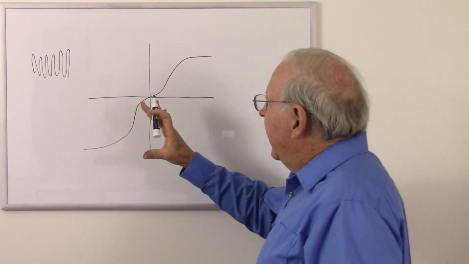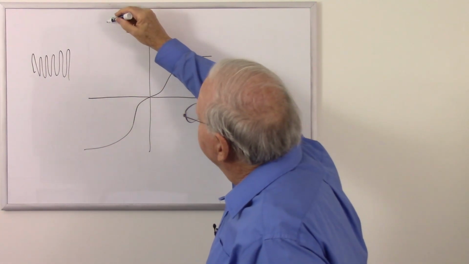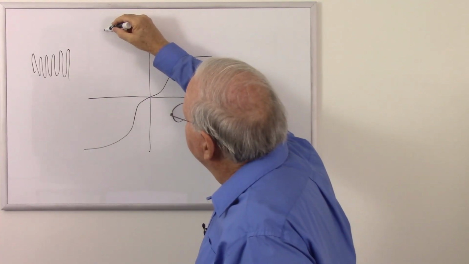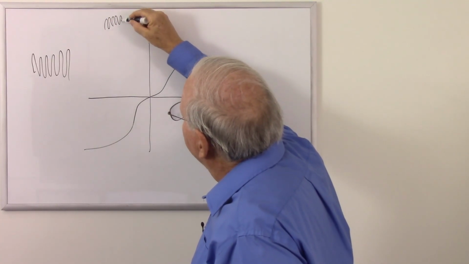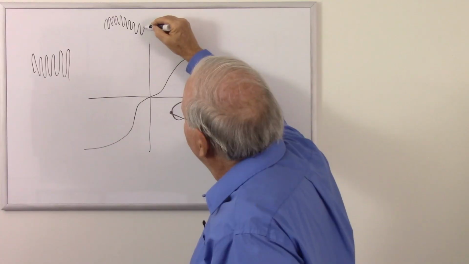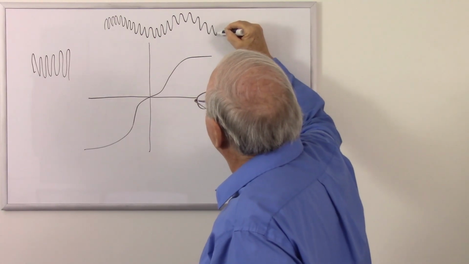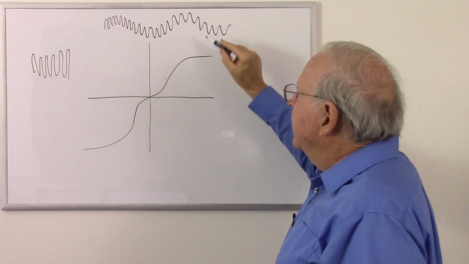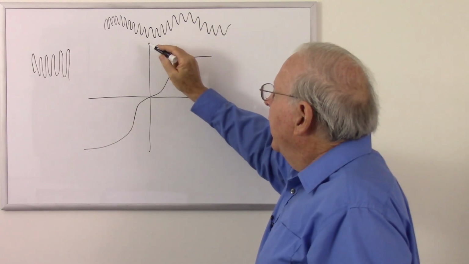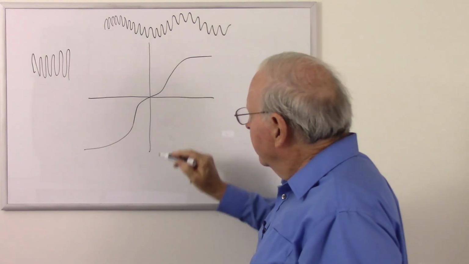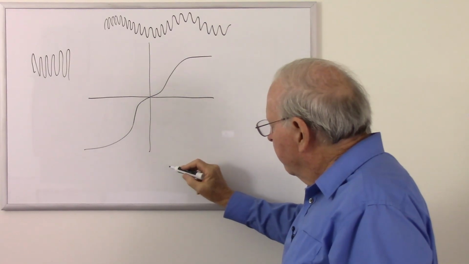What we had was an additive mixing of the two signals. Let's see if I can draw it up here. Here's our high frequency sine wave mixed with our audio. So we ended up with a curve that was going up and down like this. If they adjusted it just right, let's try to redraw it right here.